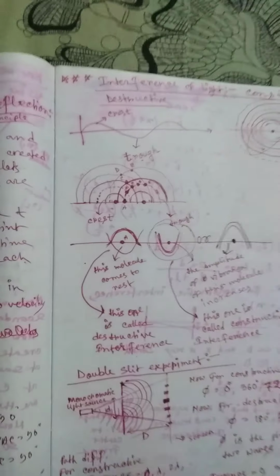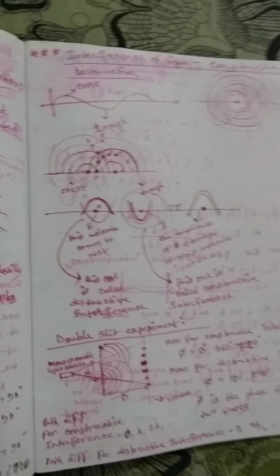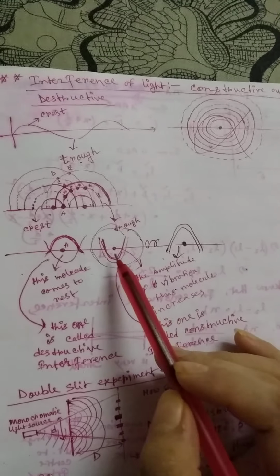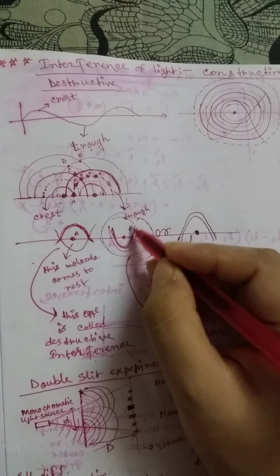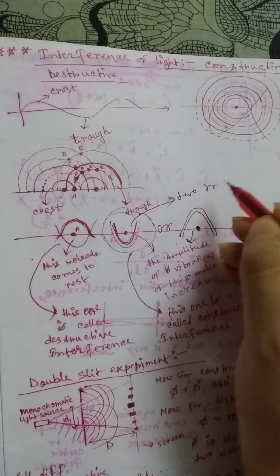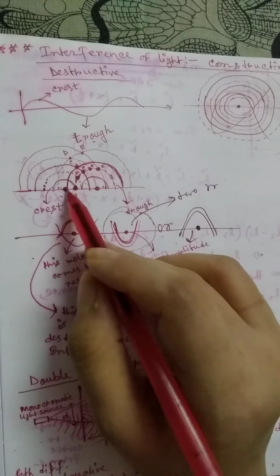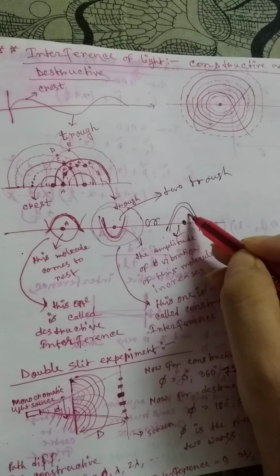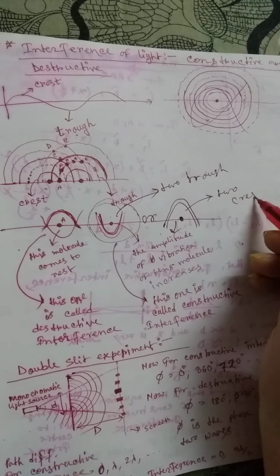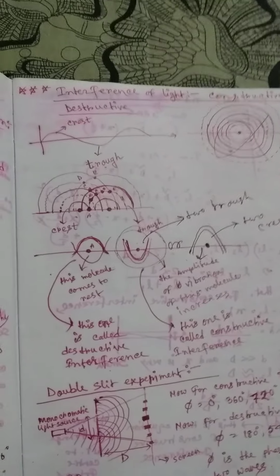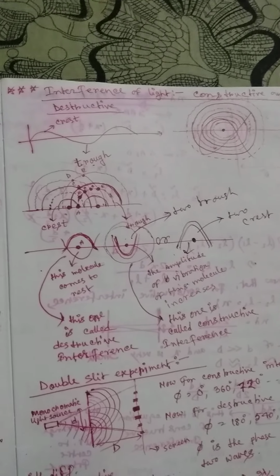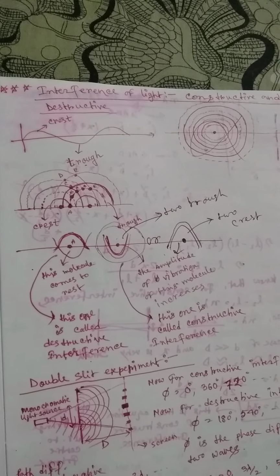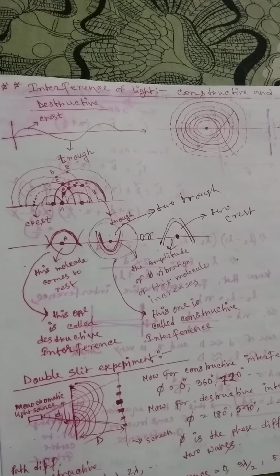So where two crests or two troughs interfere with each other, here two troughs of two waves interfere, and here two crests interfere, that point is called constructive interference.